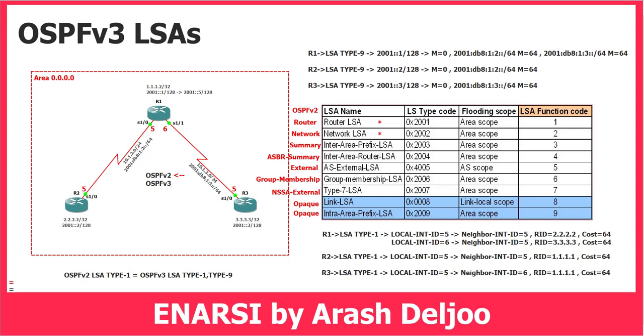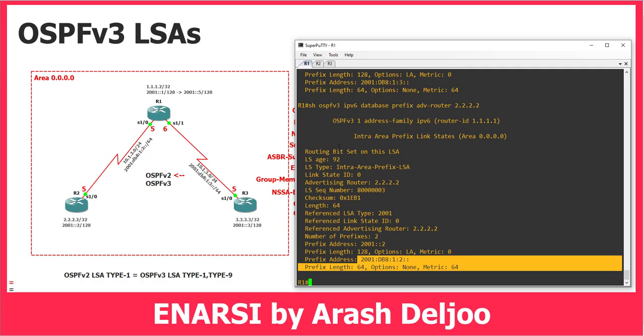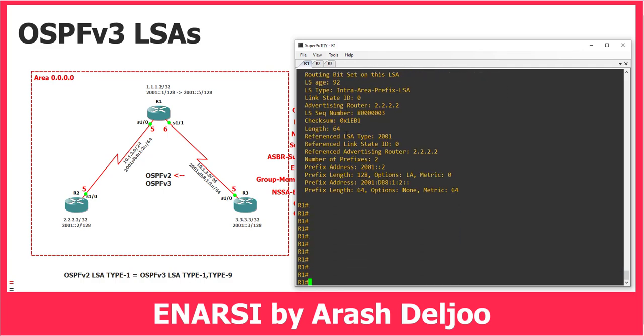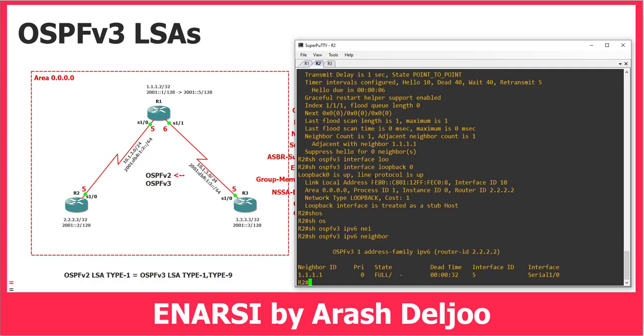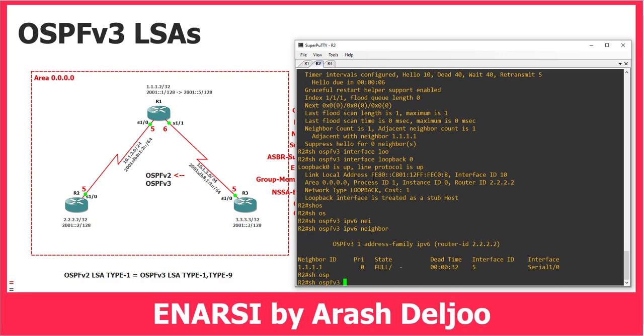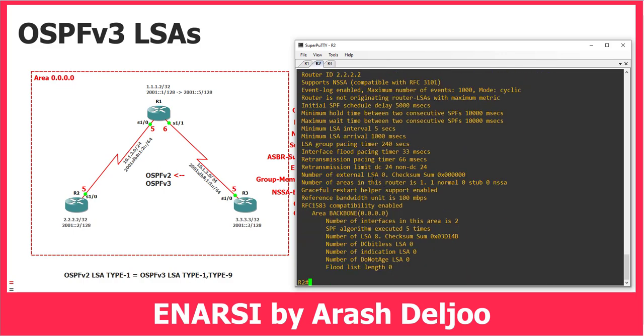It is so understandable. Now let me show you that when, for example, an address is changing in OSPFv3, we don't need to calculate the SPF. Look at here in router 1. Show in router 2 first, show OSPFv3 IPv6 can show us that until now we have executed the SPF 5 times in router 2.